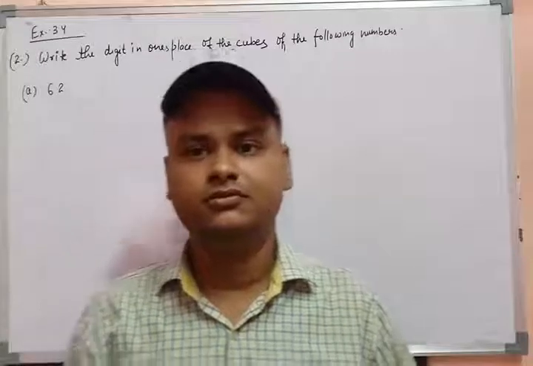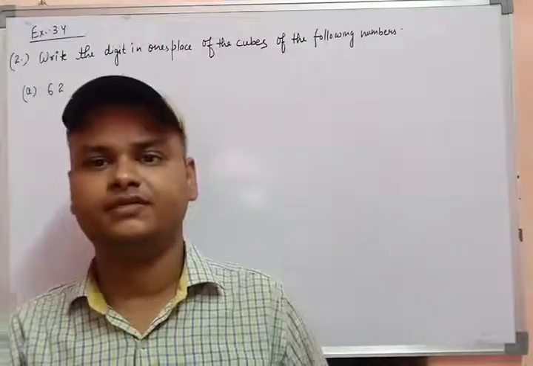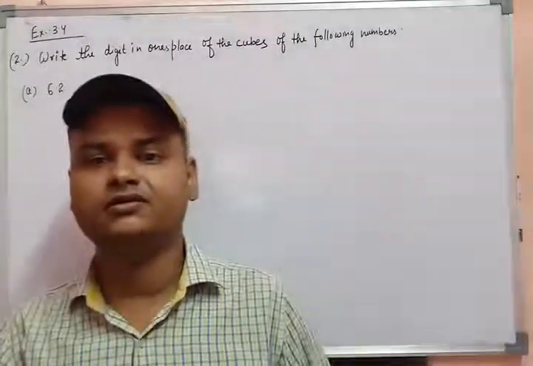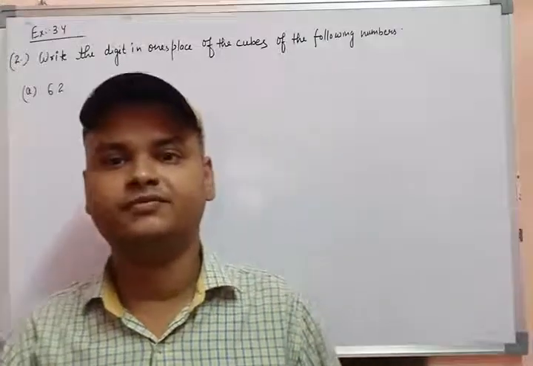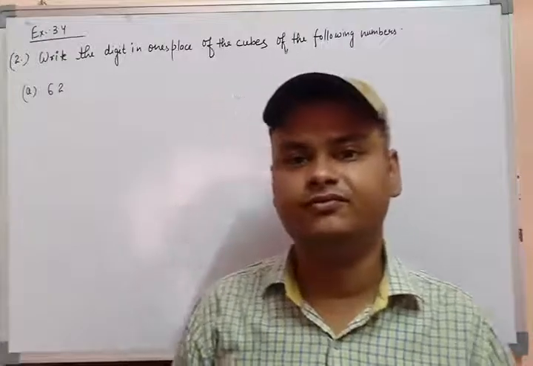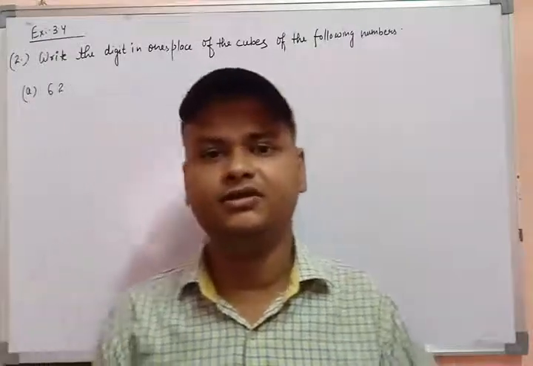Now in the previous video I solved some number problems of exercise 3.4, which is based on the concept of cubes, and I also explained what the unique digit of a cube is without cubing the number.